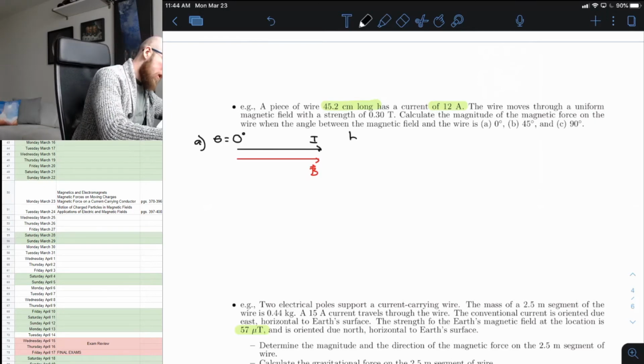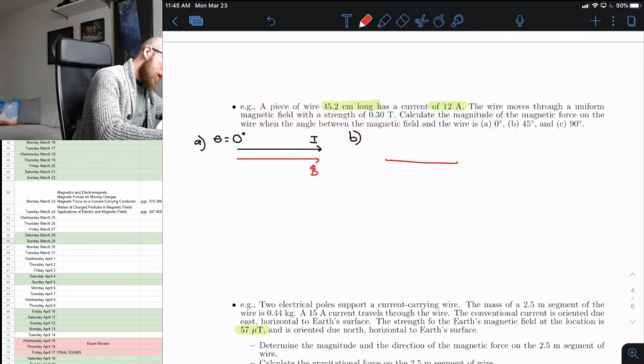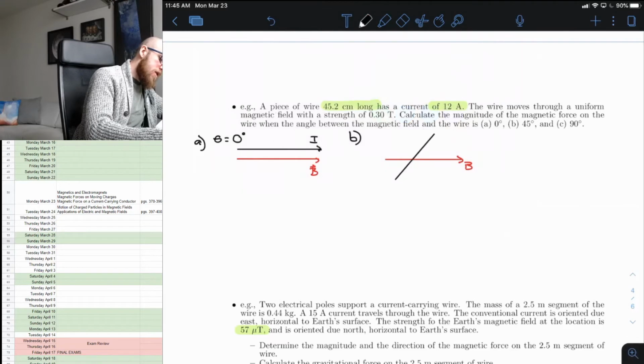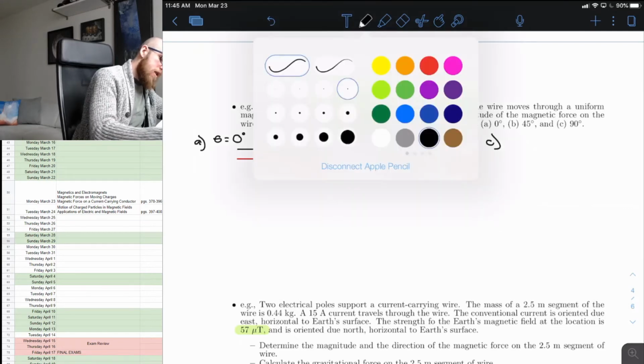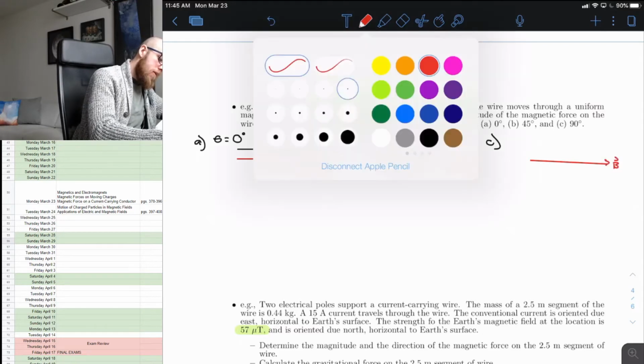Then we have case B, where the magnetic field will stay the same, but the wire that we place inside of it will be oriented at an angle of 45 degrees. And then the last case, where the magnetic field and the wire are oriented 90 degrees apart from each other. Okay.